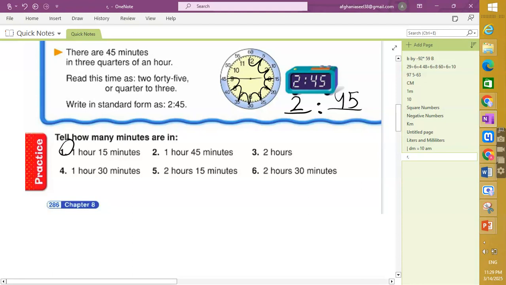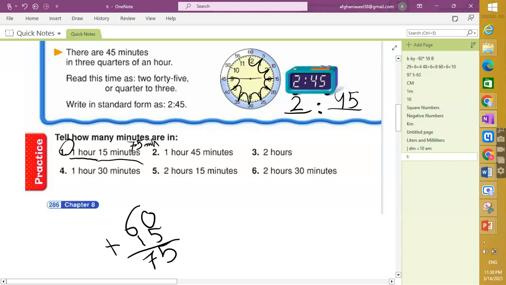We said 1 hour is 60 minutes, so I have 60 minutes from 1 hour plus 15 minutes. Can you predict the answer? 0 plus 5 is 5, and 6 plus 1 is 7. So 75 minutes.